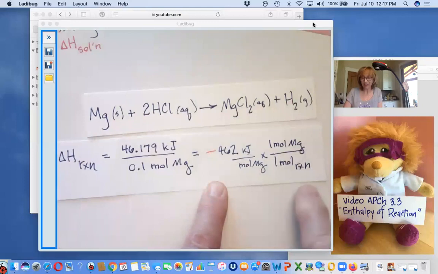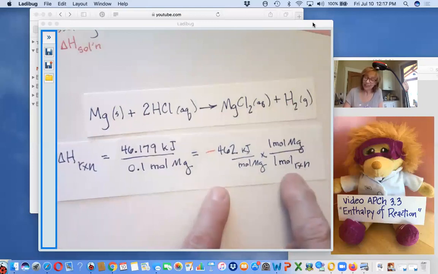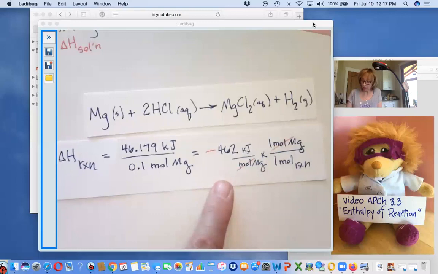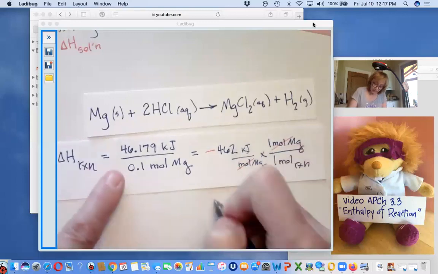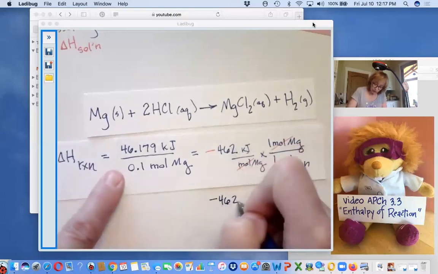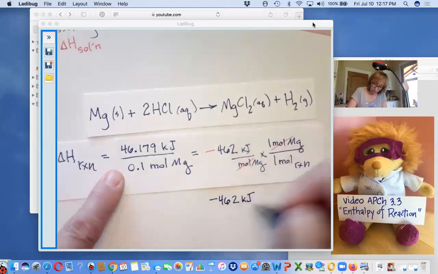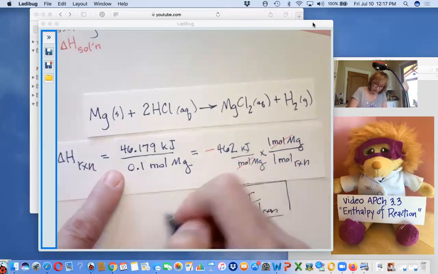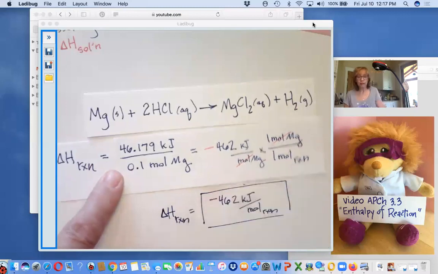That mole reaction is kind of a funny unit, and it's actually fairly new. Your textbook doesn't even use it, but we are going to use it. Moles magnesium divide out. So negative 462 kilojoules per mole reaction is the value of the enthalpy of reaction.